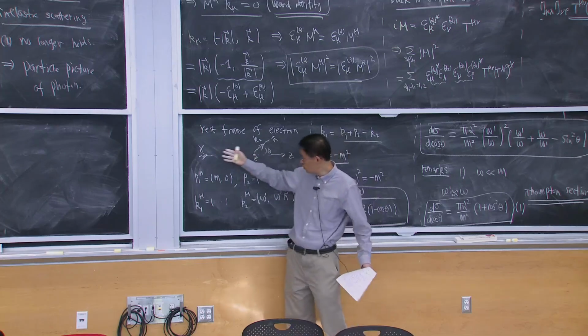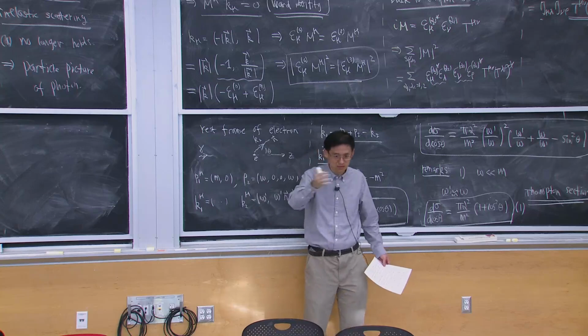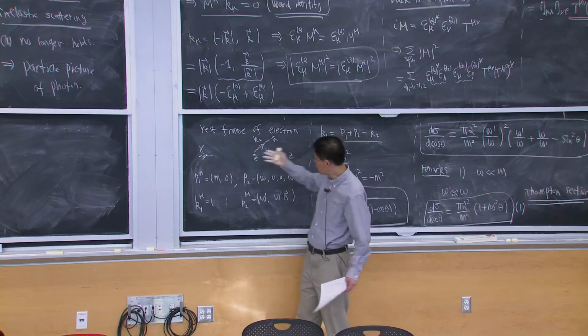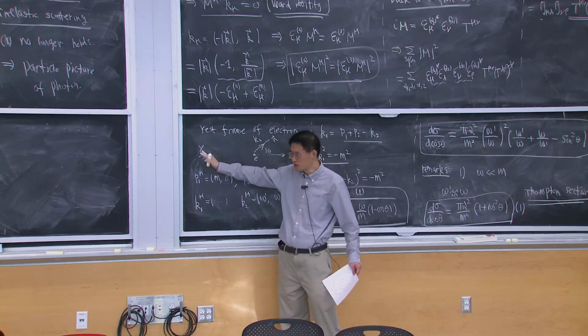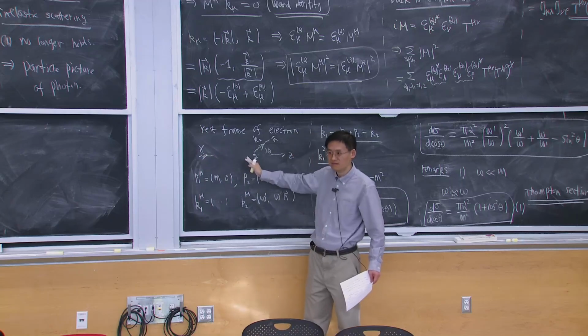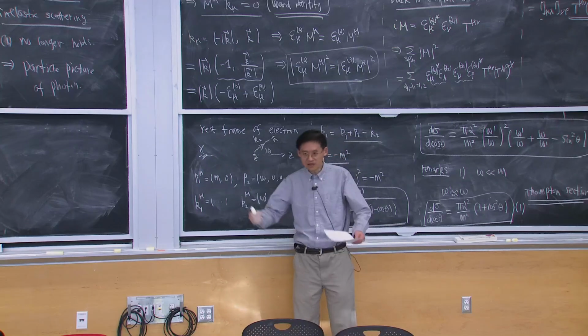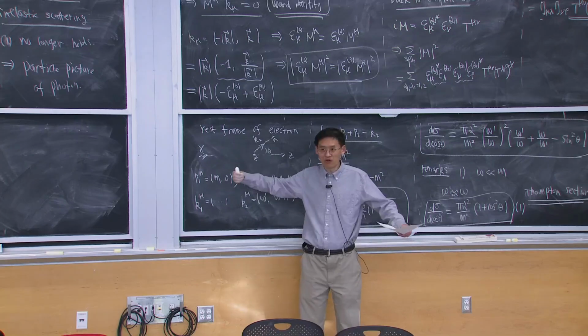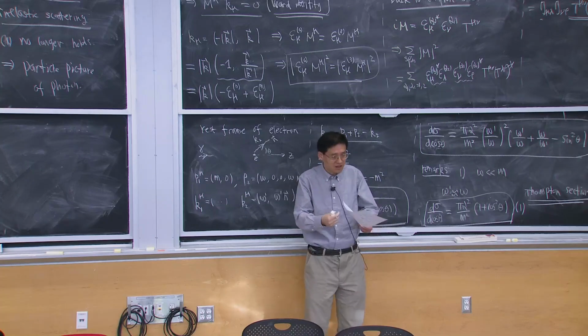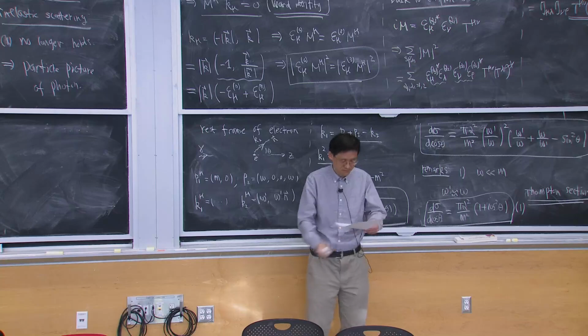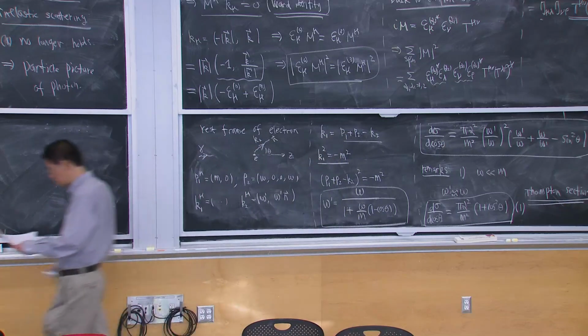So you boost more, then the photon energy will become smaller and smaller. Okay. So now imagine you go to a frame in which the photon has a very small energy compared to the electron. Okay. And then in that frame, there will be a very fast electron hitting a very low energy photon. Okay. So this is called inverse Compton scattering.